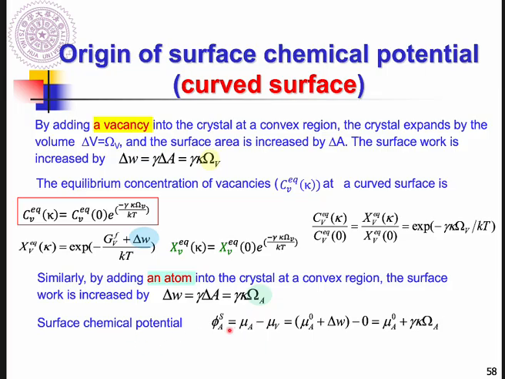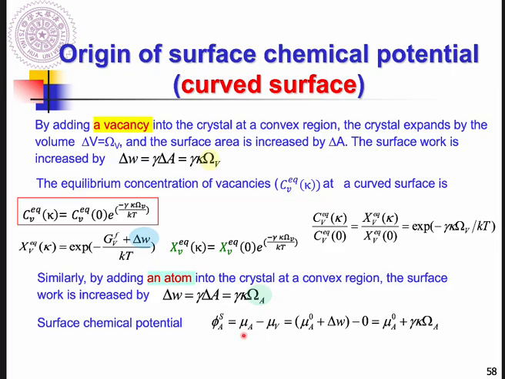And as I mentioned, in this system we only have the vacancy, so the surface chemical potential will be expressed as mu A minus mu V. Under local equilibrium conditions, we always assume mu V equals 0.